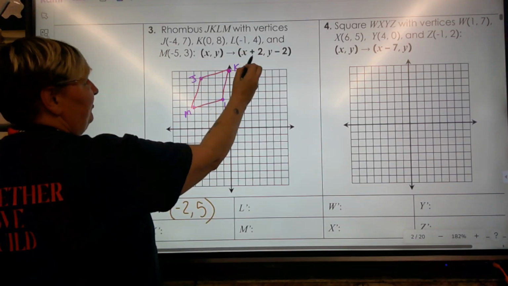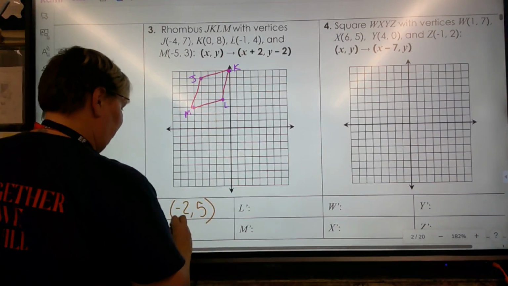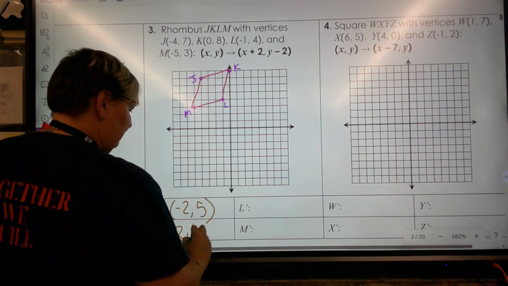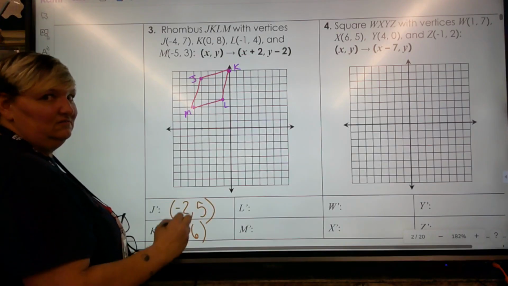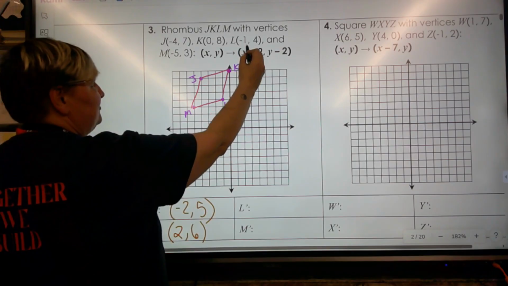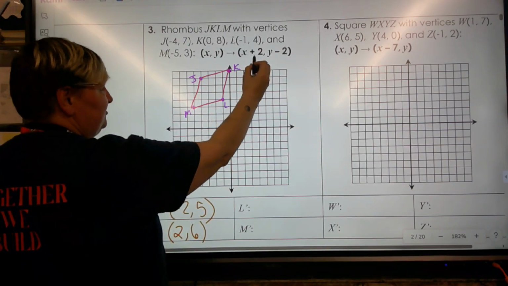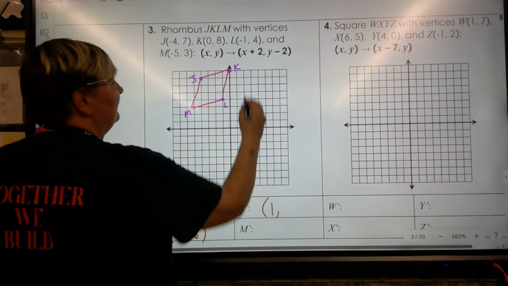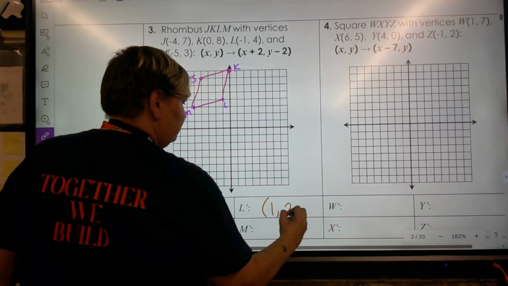Okay, 0 plus 2 is 2. 8 minus 2 is 6. Uh-oh, this one looks like it's faster. L is negative 1 plus 2, which is 1. And 4 minus 2, which is 2.